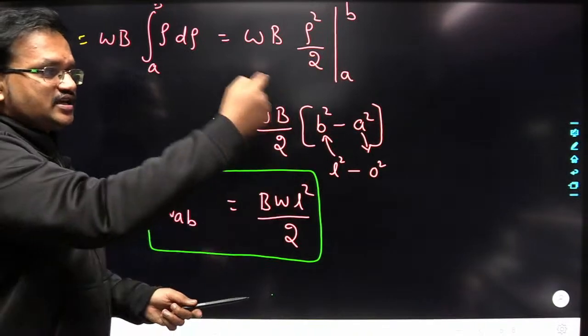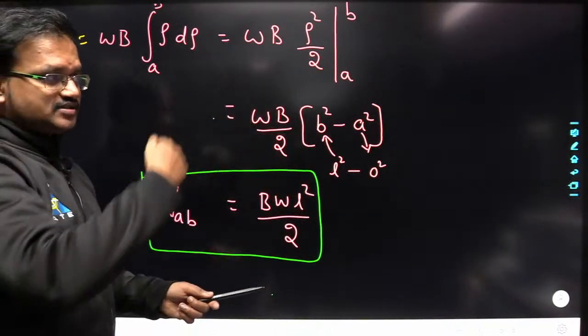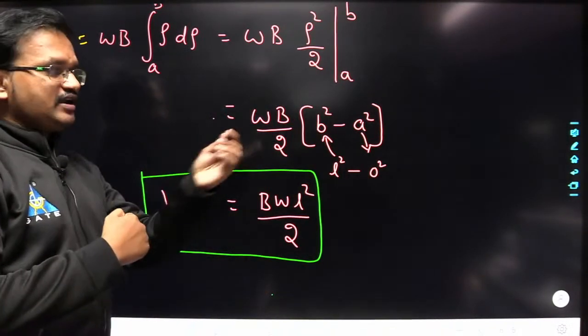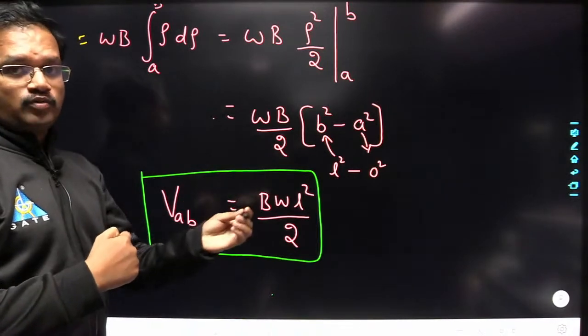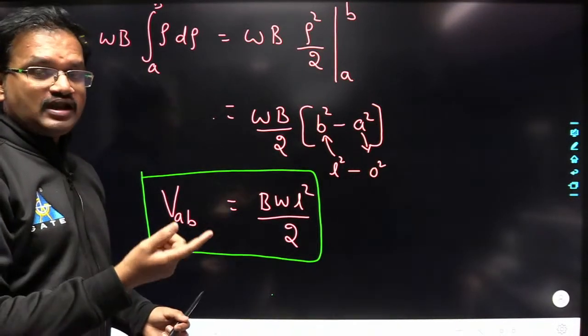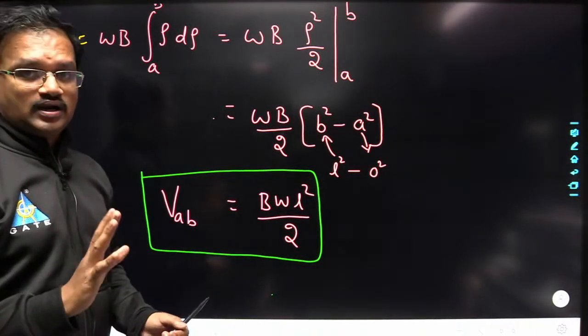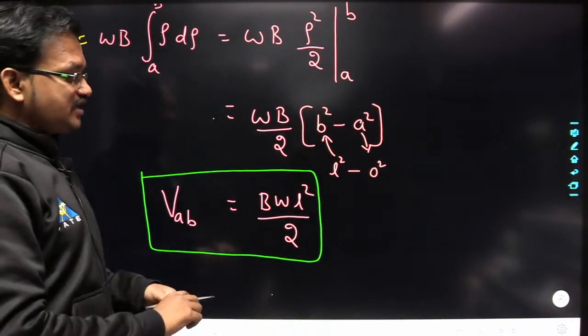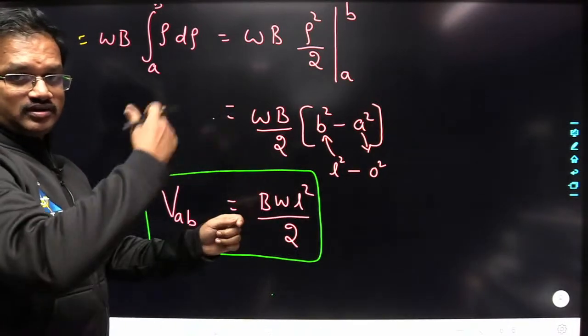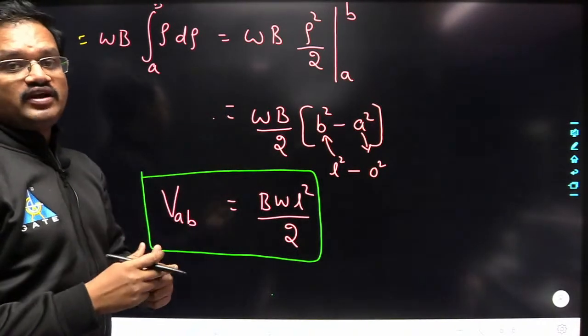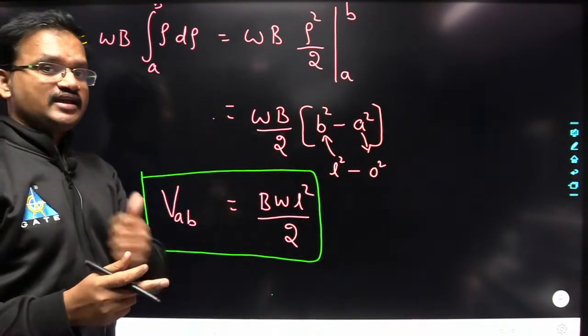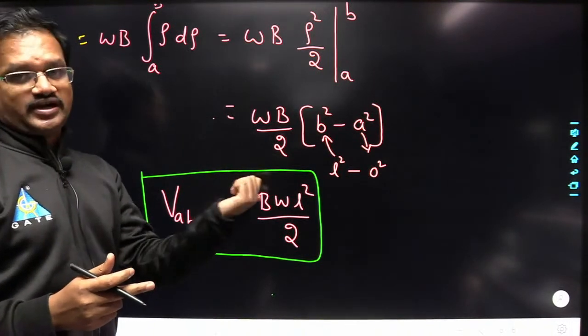The velocity is in the phi cap direction, that is in this plane, and the B field is pointing into the board. That means the direction of the B field and the direction of velocity are perpendicular to one another. The B field is into the board, that is in the negative Z direction.